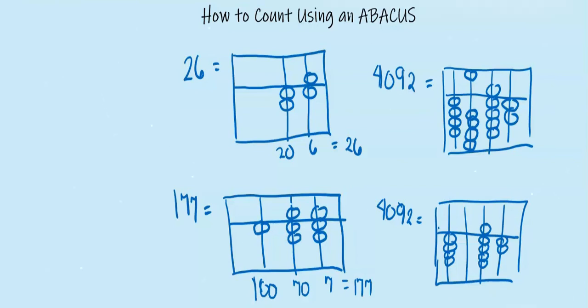Pareho lang siya. Hindi ko na lang drawing. Kasi nasa baba. Kapag hindi siya dumidikit dito sa bar natin, ibig sabihin walang value yun. Okay po? So this is 4,000. This is 90. And this is 2. Same with this one. 4,000, 90, and 2.